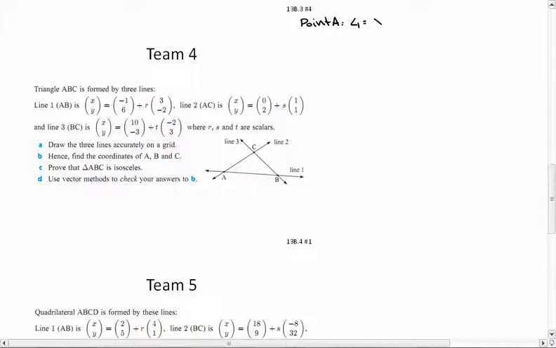So you find point A by making lines 1 and 2 equal to each other and finding x and y.